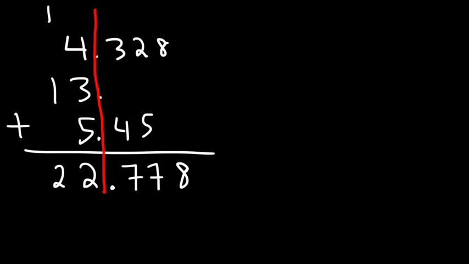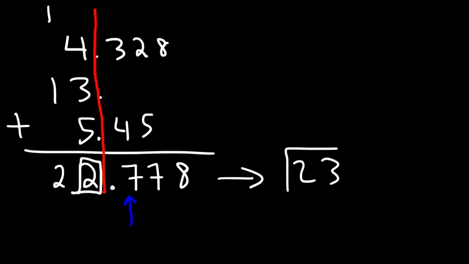Therefore, our final answer should only contain these two digits. But we're going to use the 7 to determine what we need to do to the 2. Should we keep it a 2 or round it up to a 3? Well, 7 is more than 5, so we're going to round the 2 up to a 3. So our answer is going to be 23.